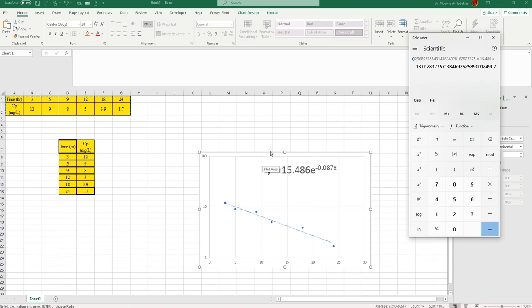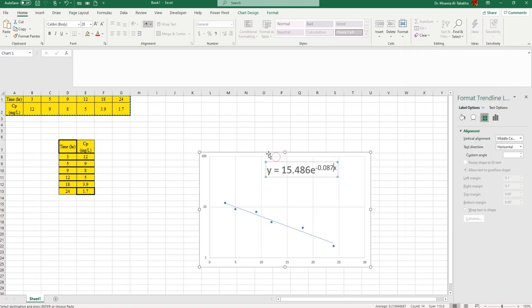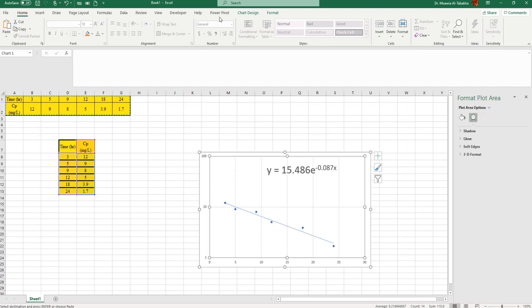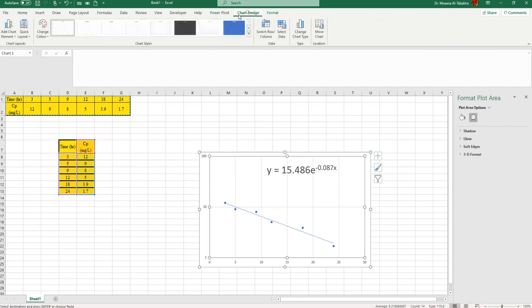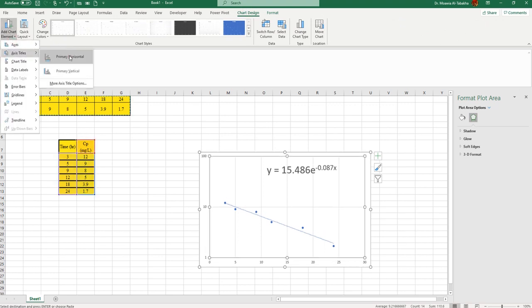Of course, don't forget that in any graph you do, you need to do the following. You need to add titles to the axes.